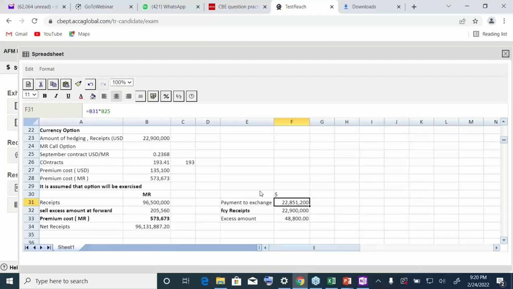There are other ways to calculate under hedging, over hedging. There are other ways, but guys, this way will always work. Any question? Any question from the options?